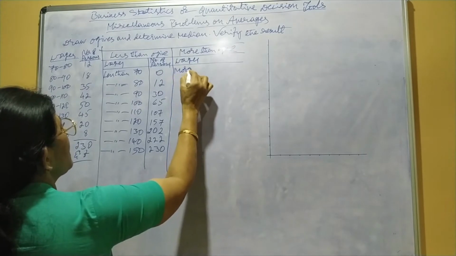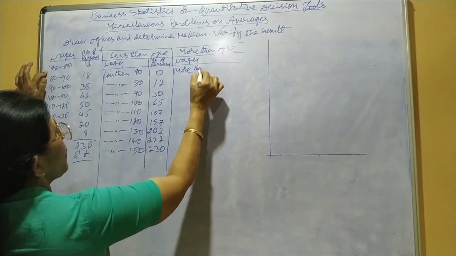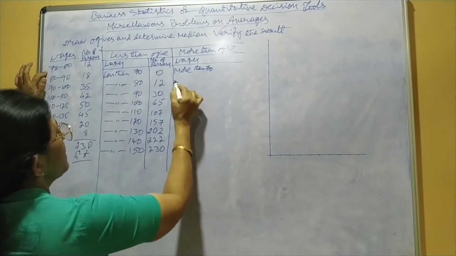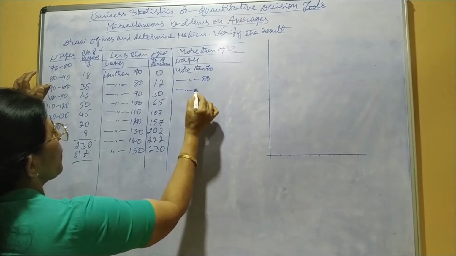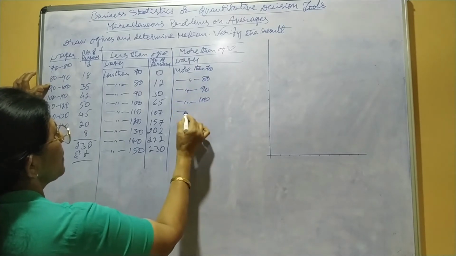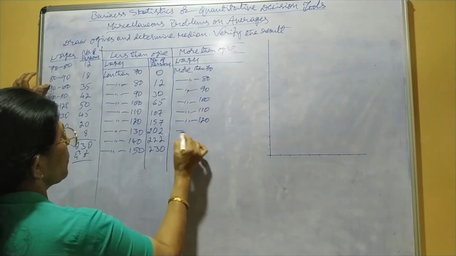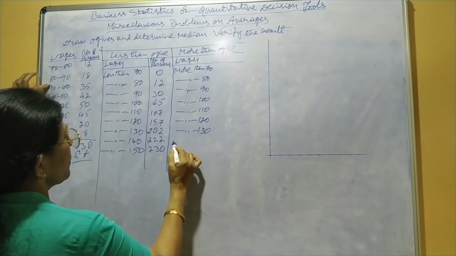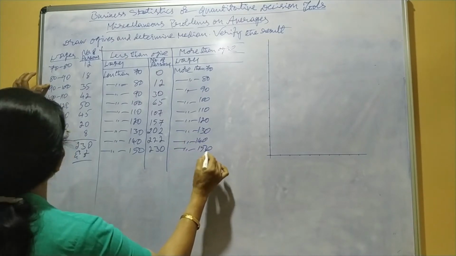Here we have to take more than 70, more than 80, more than 90, more than 100, more than 110, more than 120, more than 130, more than 140, more than 150.